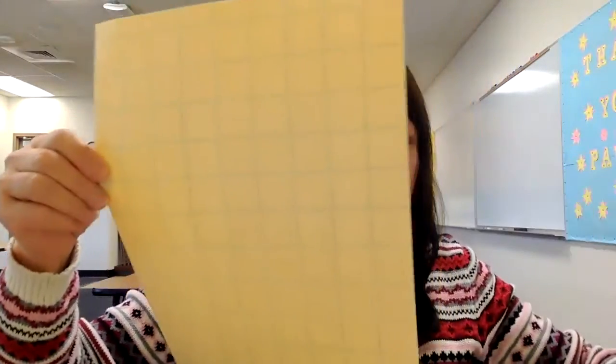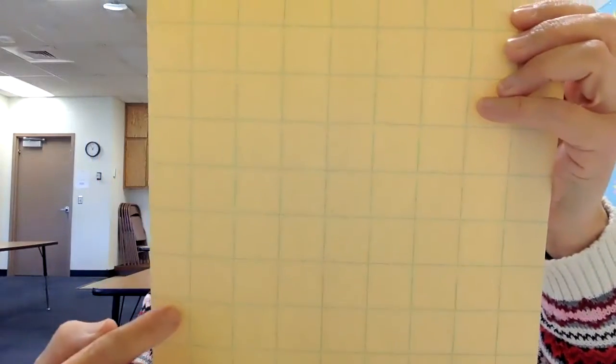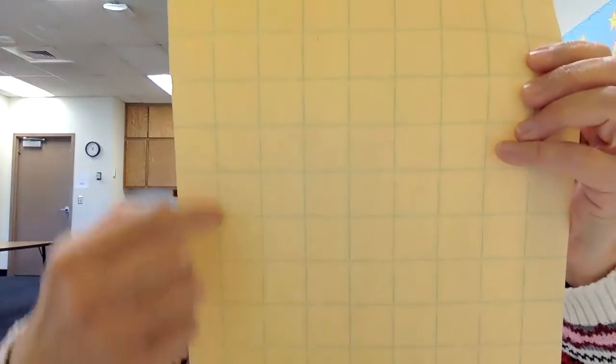So what you will do is, first, use a ruler and draw a straight line right on the grid line at the bottom, and also on the left side.